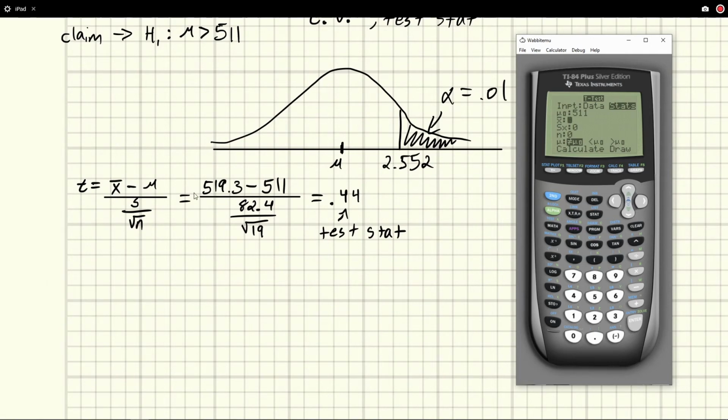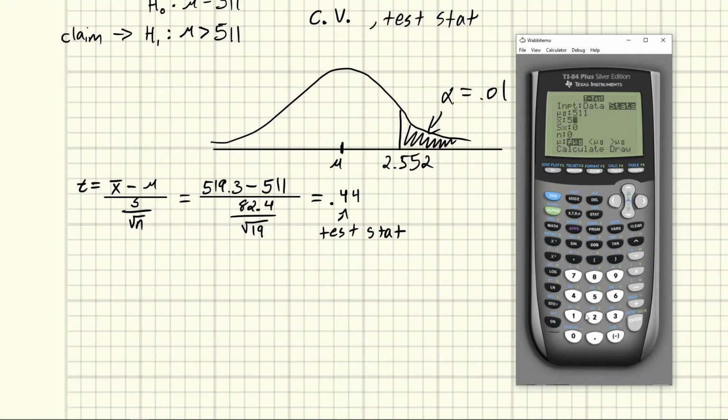Our x bar is 519.3, so we put 519.3. Our standard deviation, SX, is 82.4. Now you might be wondering, why do they have an X next to the S? That's because the S is determined by X, by our data. That's why it's there. And our N is 19.